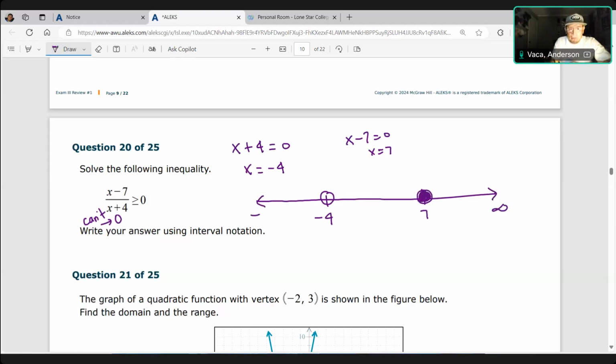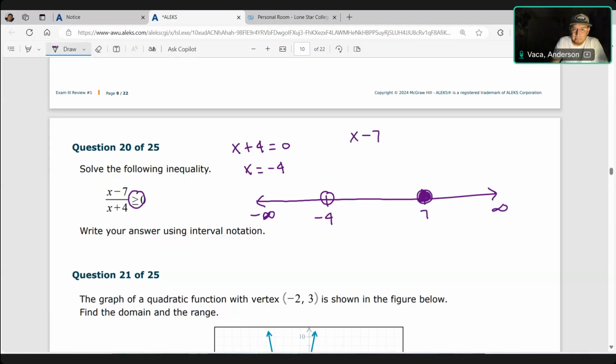The reason is because we go by the inequality symbol. And this inequality symbol says that it's greater than or equal to. So in that case, it will be included in the solution set.